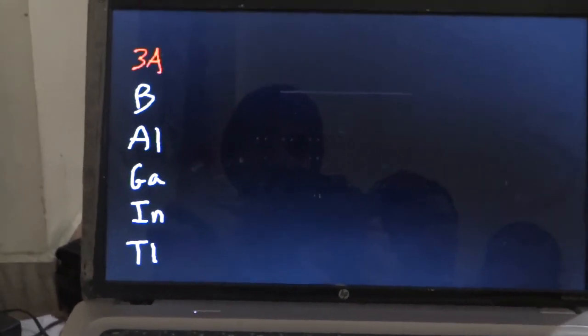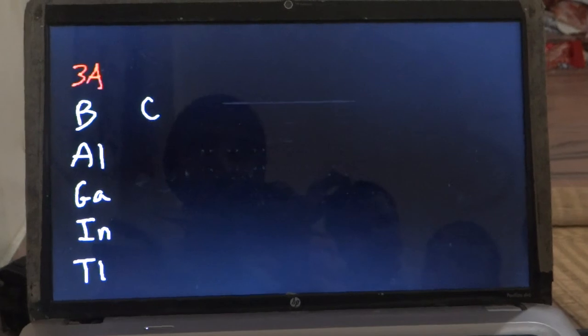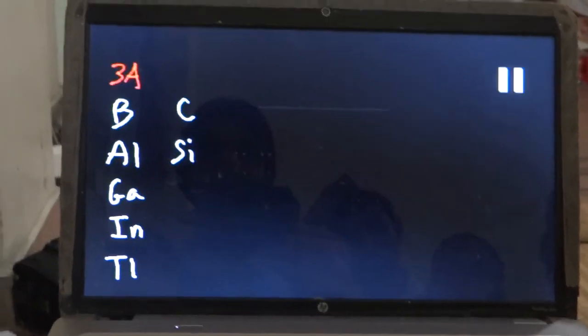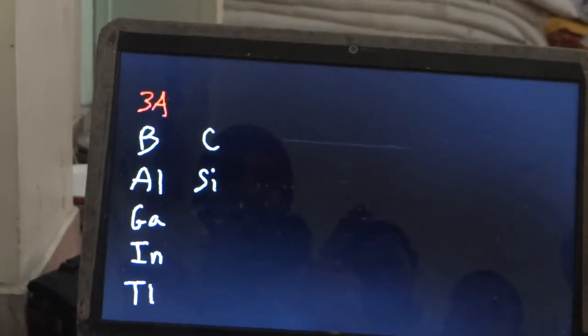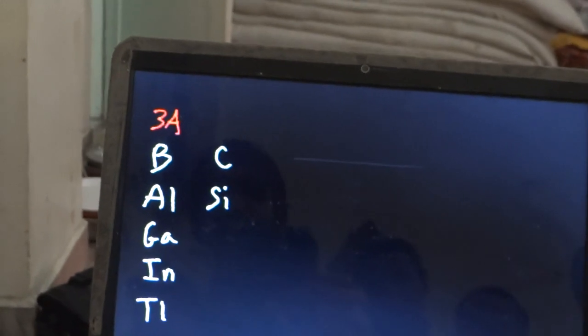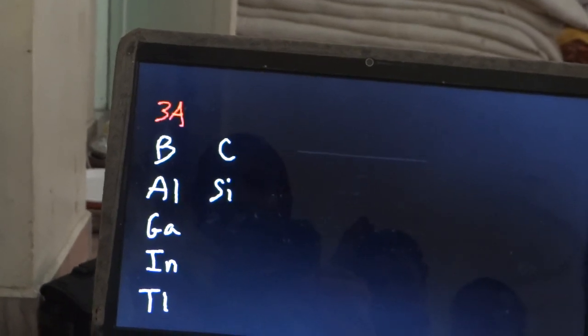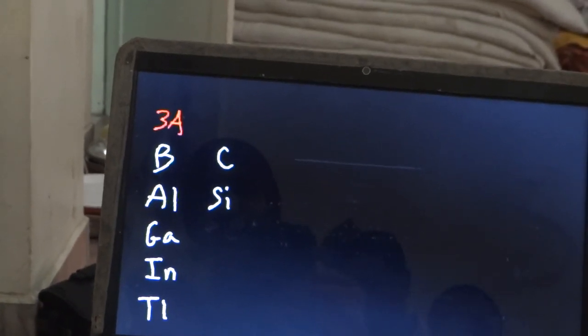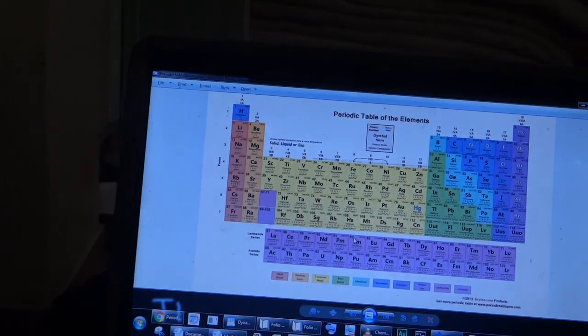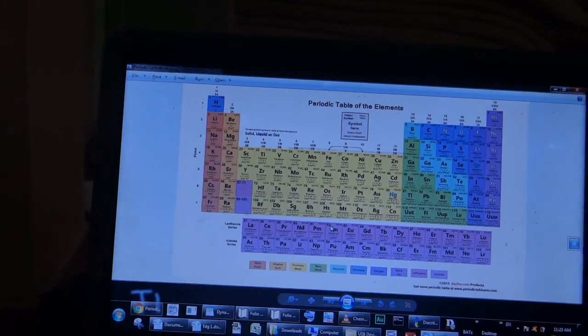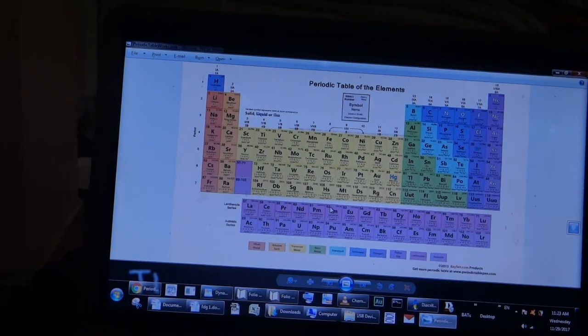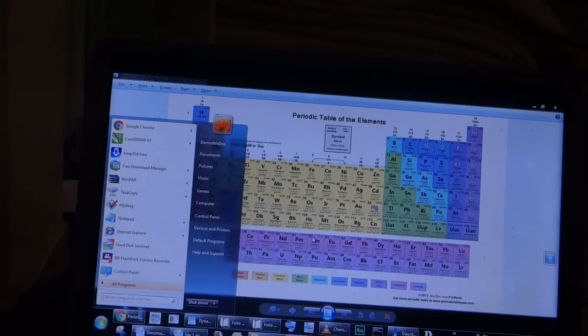Next to boron, you have carbon, and below that, silicon.